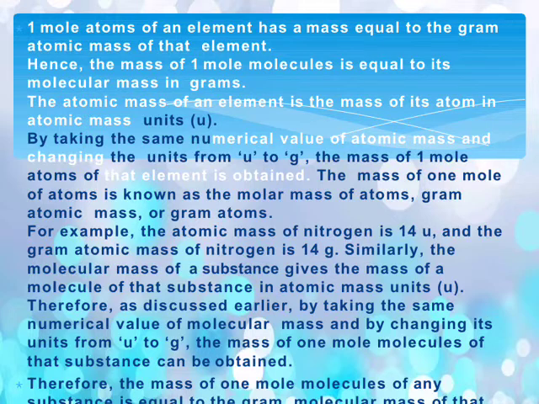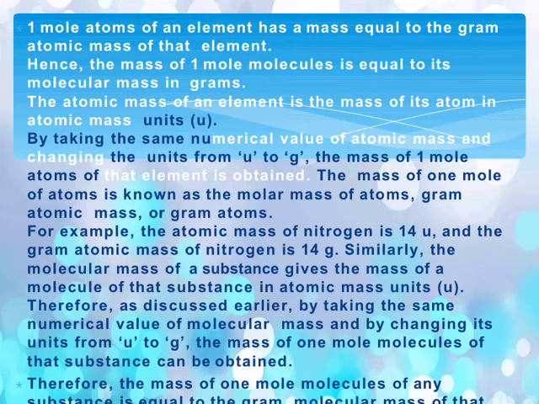Okay, similarly the molecular mass of a substance gives the mass of a molecule of that substance in atomic mass units. Therefore, as discussed earlier, by taking the same numerical value of molecular mass and changing its unit from u to g, the mass of 1 mole of molecules of that substance can be obtained. In molecular mass the unit is u, and in molar mass or gram atomic mass the unit is g.